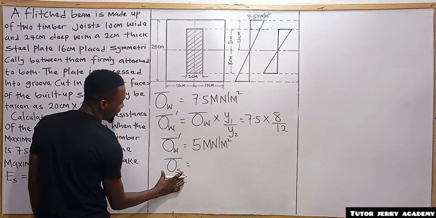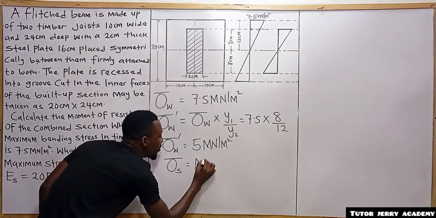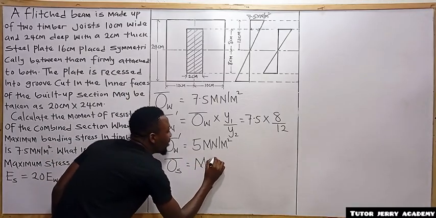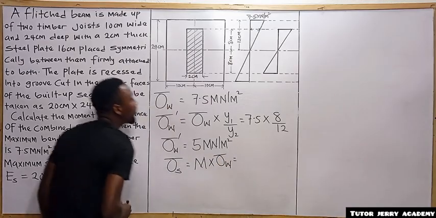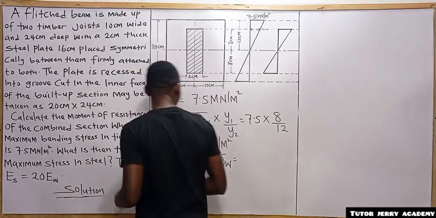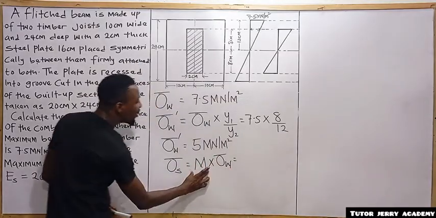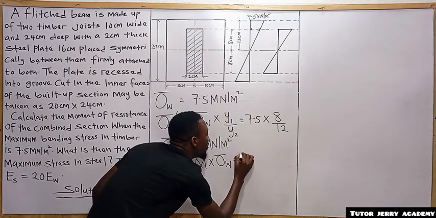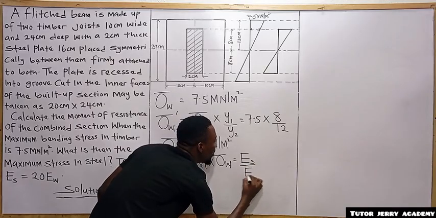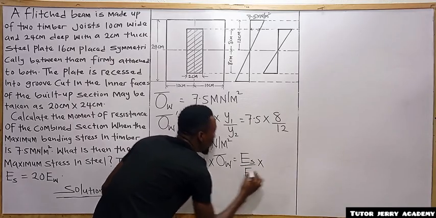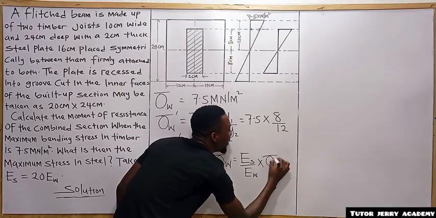So the stress in a steel is equal to the modular ratio multiplied by the stress in the wood. All right. So our modular ratio here is going to be, and don't forget that modular ratio is modulus in the steel all over the modulus in the wood, then multiplied by the stress in the wood.